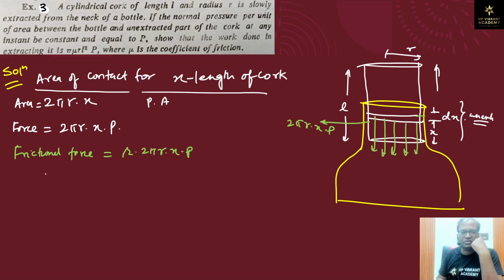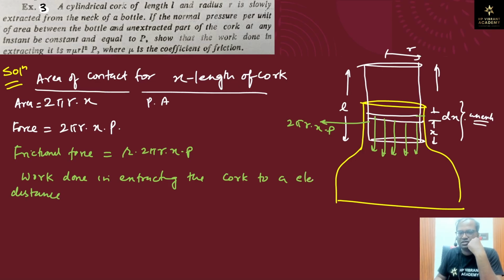Okay. So the work done in extracting the cork through an elemental distance dx is equal to f into dx, which is equal to mu into 2 pi r x into p into dx.